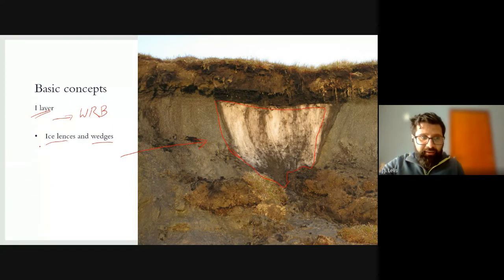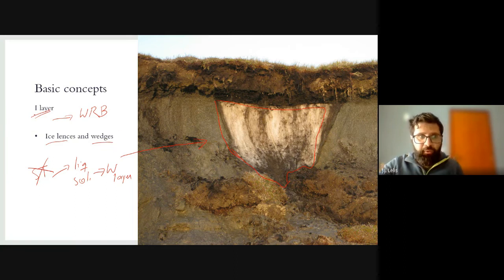The I layer doesn't exist in soil taxonomy because soil taxonomy puts the liquid and the solid water as a W layer, and the WRB distinguishes between solid and liquid water layers.